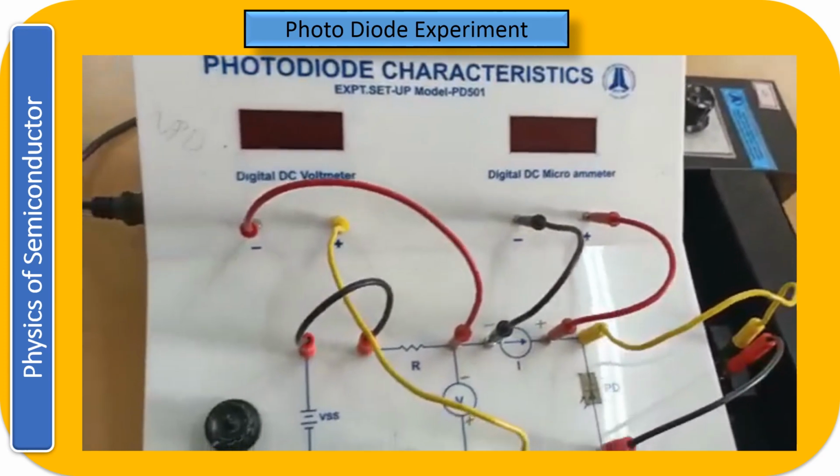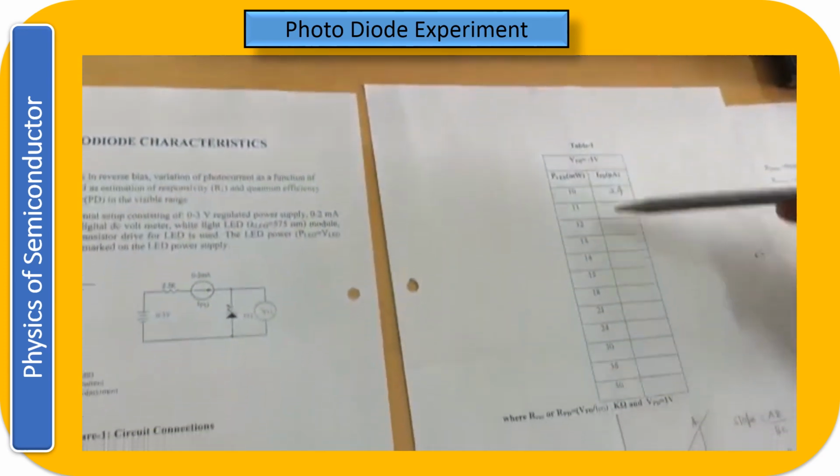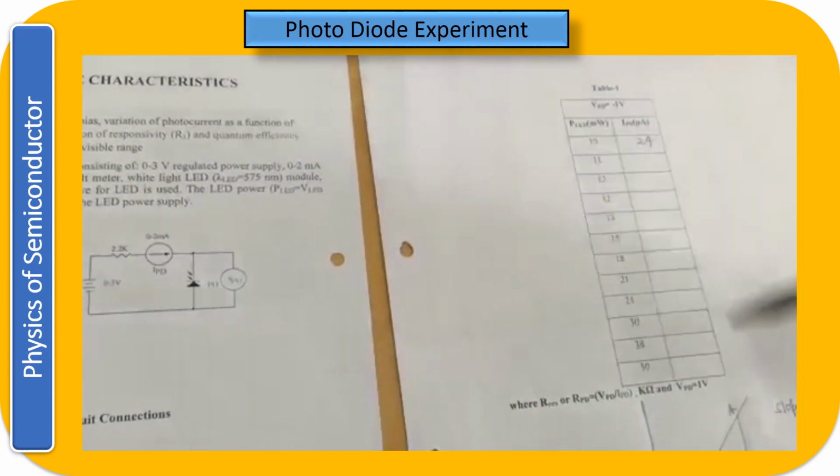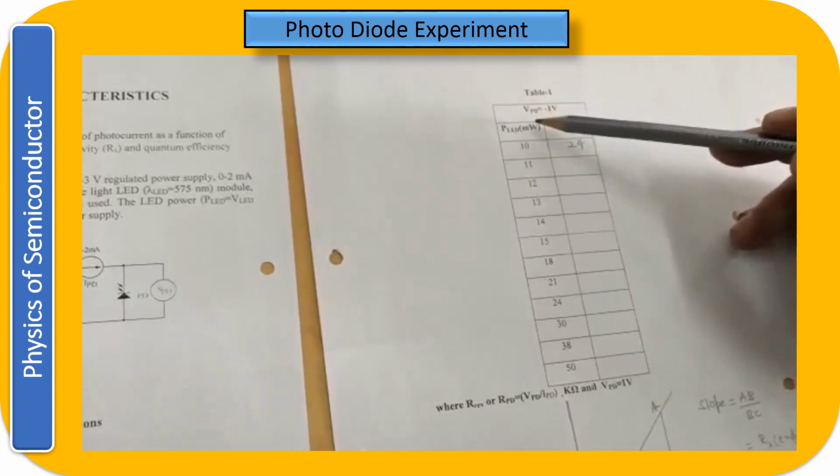With this table, one can calculate the responsivity. What is responsivity? This is the power across the LED, this is the current through the photodiode. The change in current through the photodiode divided by the change in the power across the LED gives you the responsivity.